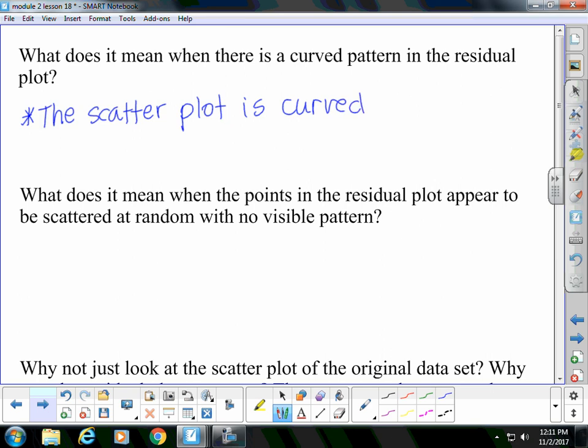What does it mean when the points in the residual plot appear to be scattered at random with no visible pattern? That means that the scatter plot is actually closer to a line.